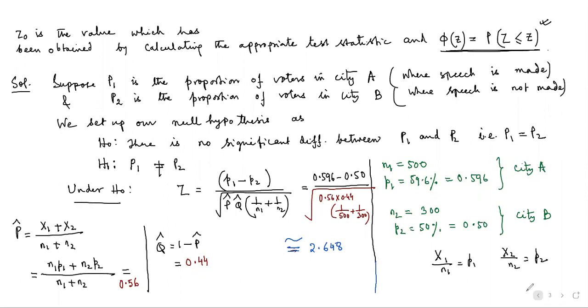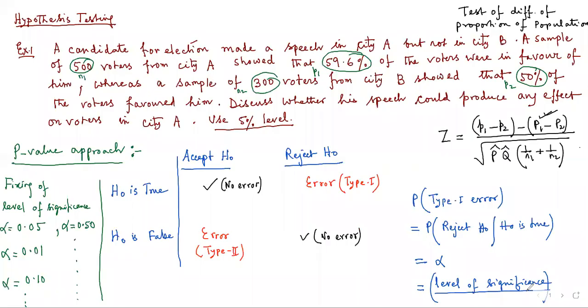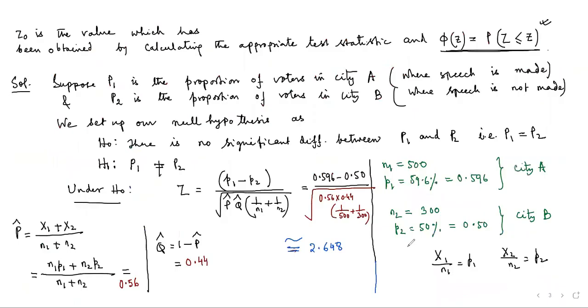Now, by my previous rule, you already know that we can draw the conclusion very easily because it is given that we use a 5% level of significance. We can instantly say, according to the previous strategy, that means without calculating the p-value, let us check what my conclusion is in this case. Without the p-value approach.